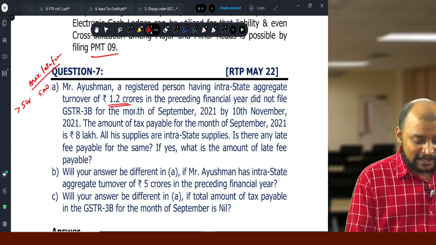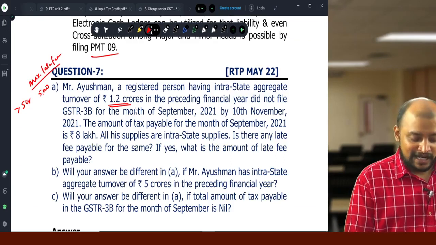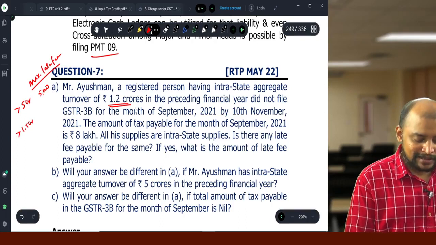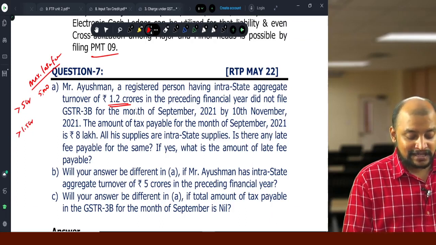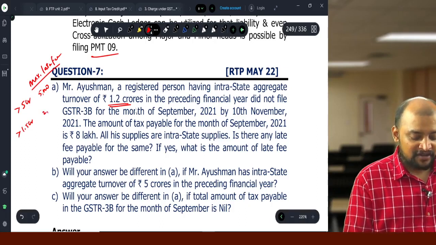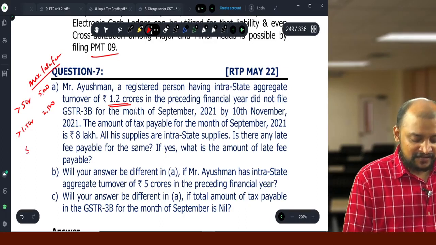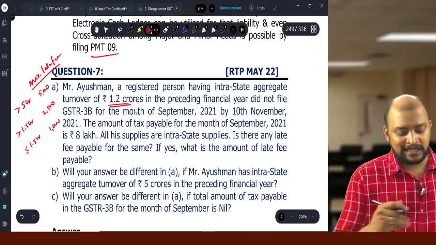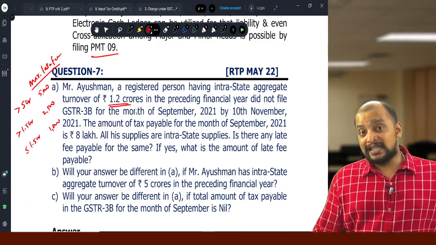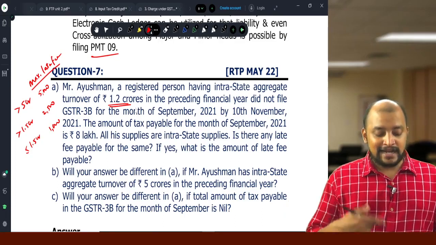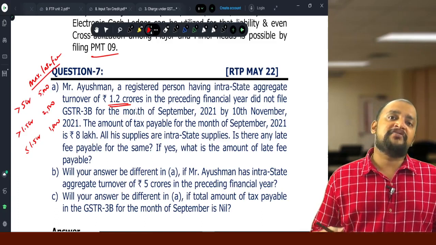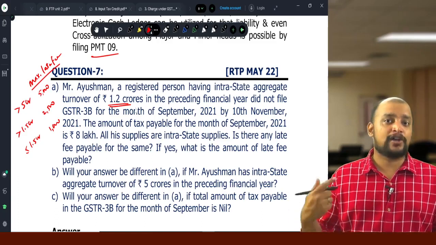If it does not exceed 5 crores but exceeds 1.5 crores, then half, 2,500. If it does not exceed 1.5 crores, then 1000 rupees will be taken as the maximum late fee. This is under CGST Act. The same is payable under SGST Act. And this maximum late fee for delay in filing GSTR 1 and 3B is common.